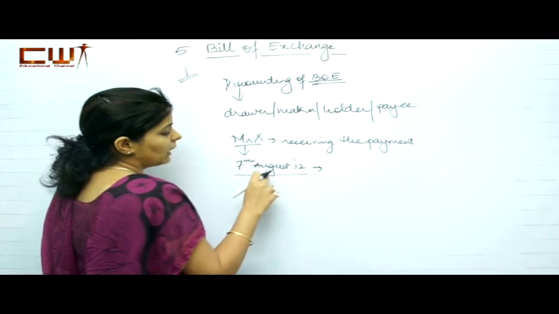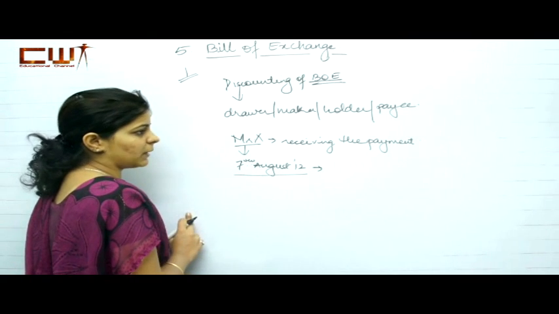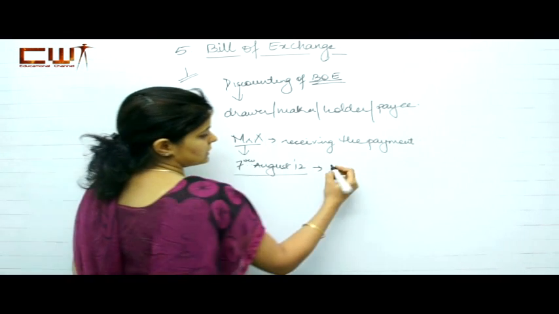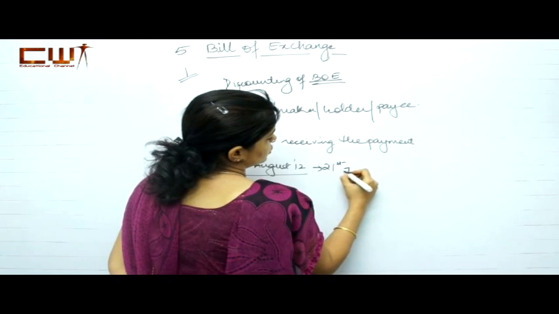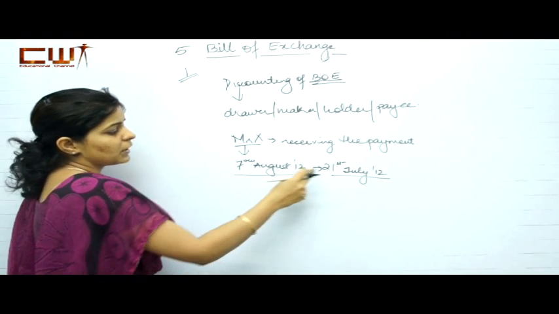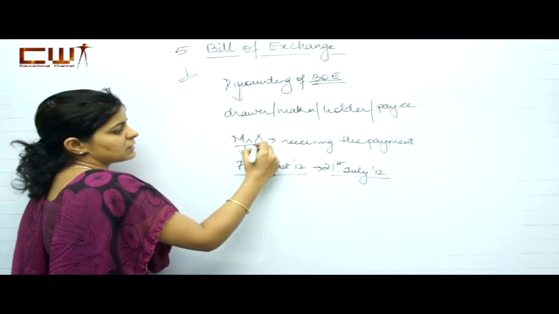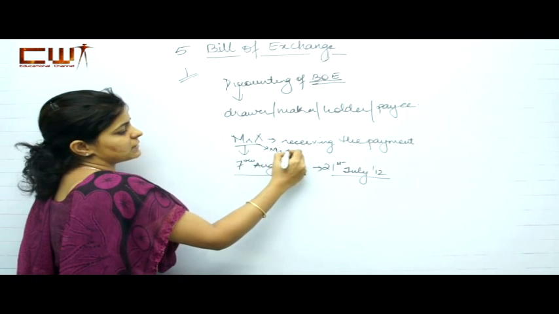Now what will happen? He wants the money on an earlier date, not on 7th August but before that. Maybe you can say 21st of July 2012. He wants the money on this date. Now what he will do? He has created that on 7th of August, he has to take money from Mr. Y, suppose, right?